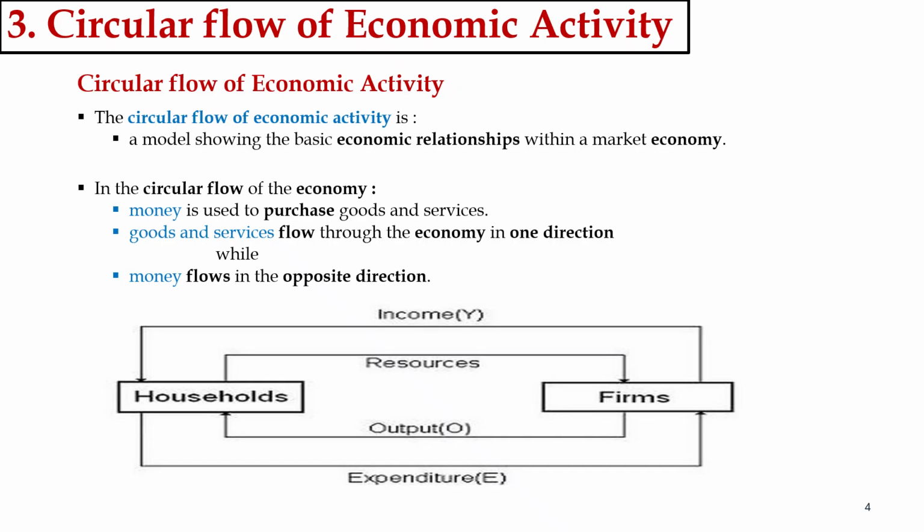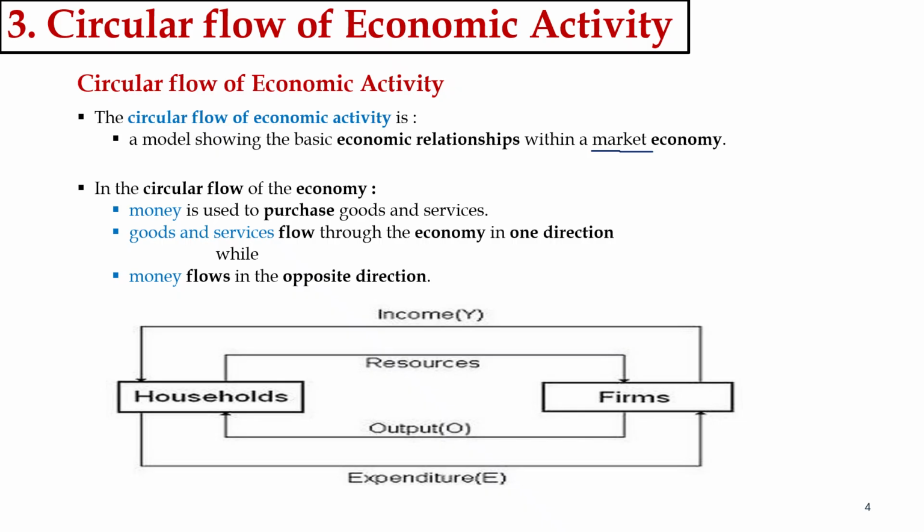We will discuss here the circular flow of economic activities. The circular flow of economic activity is a model which is showing the basic relationship within a market economy. When we say market, market means where we have buyers and sellers. So in a circular flow of economy, money is used to purchase goods and services.